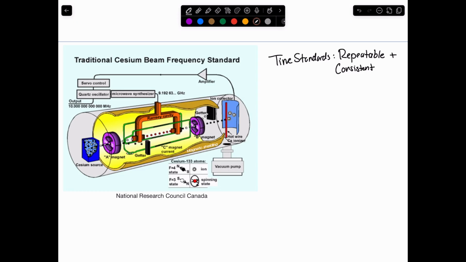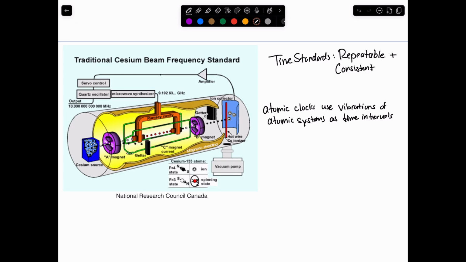Well, essentially, an atomic clock is a timekeeping device whose intervals are set by the vibrations of an atomic system. So, atomic clocks use vibrations of atomic systems as time intervals.